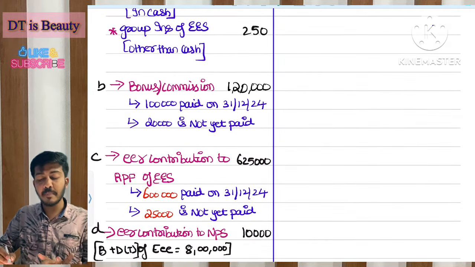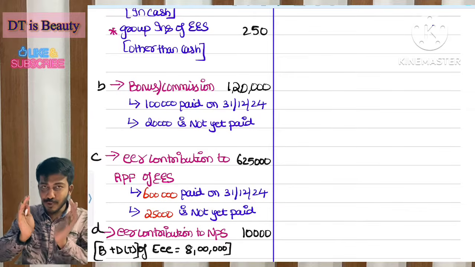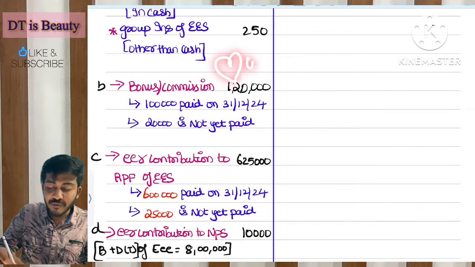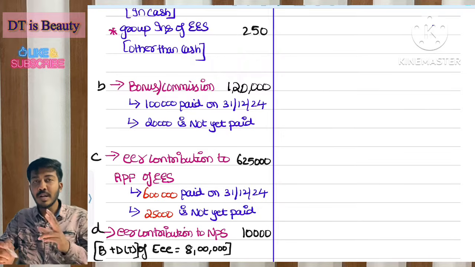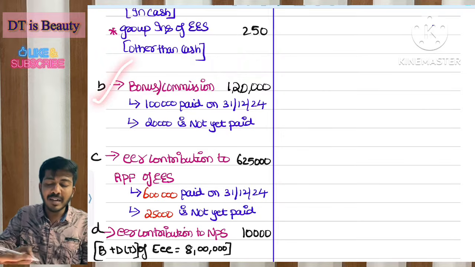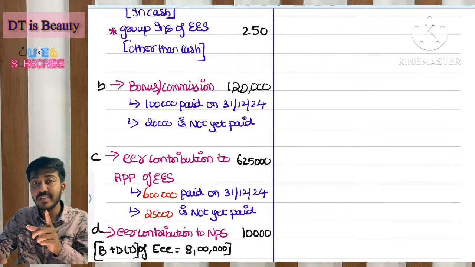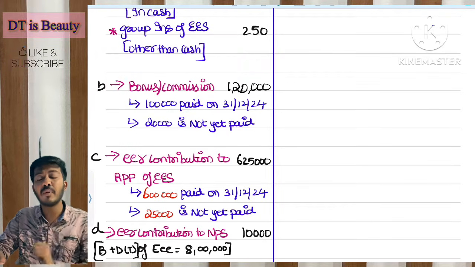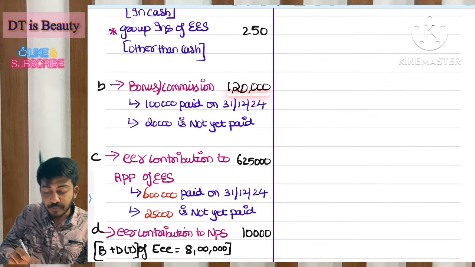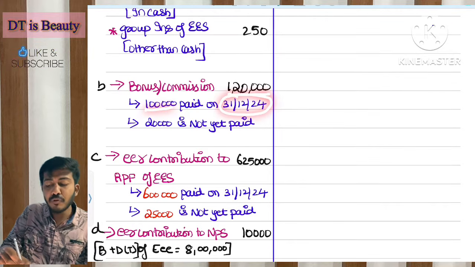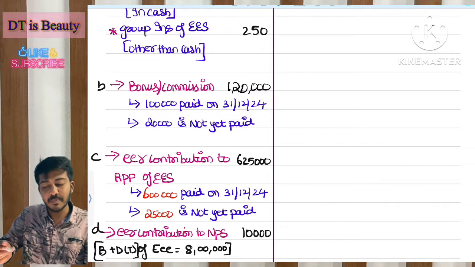Come to the bonus or commission. As soon as you see the bonus or commission, madam, 43B will come and hug them. Artharth another bonus or commission can be marked as a tick in the P&L only if they are paid within the 139 one-time limit. When did they pay? Let us see. 1,20,000 is the expense. Only 1 lakh is paid before July or October of the assessment year.